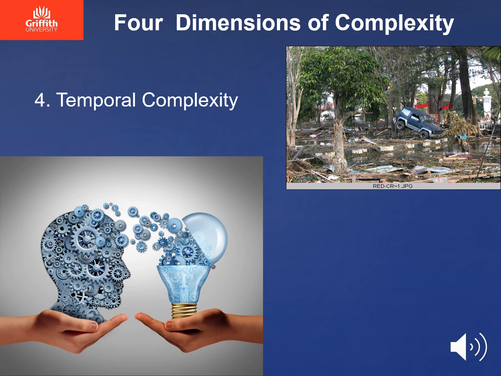Temporal complexity involves projects in which environments shift, in which there are significant changes in the strategic direction of the project, or projects in which government regulations affect the project to a significant extent.